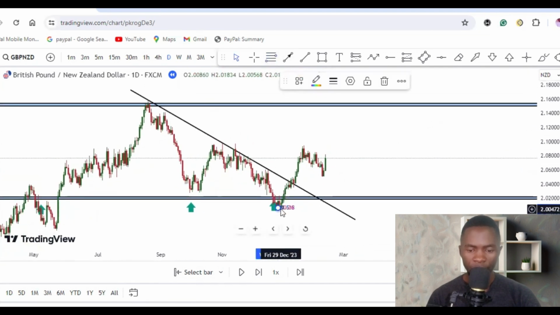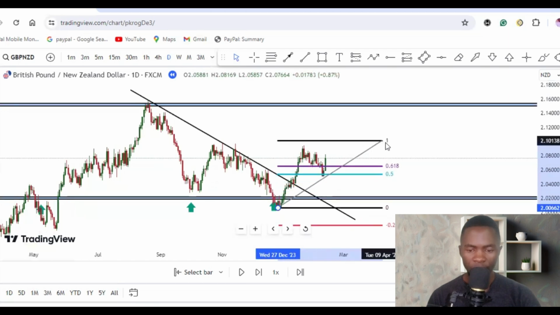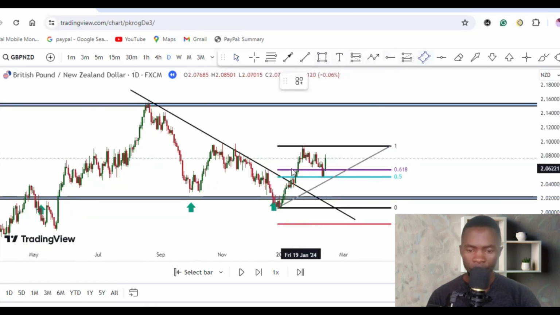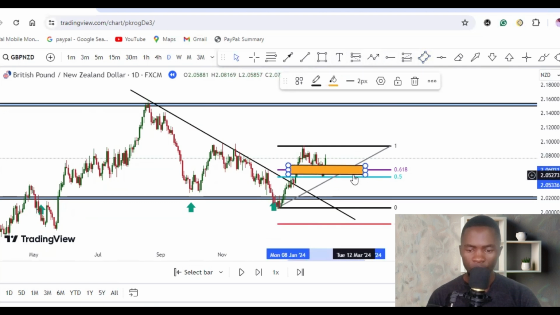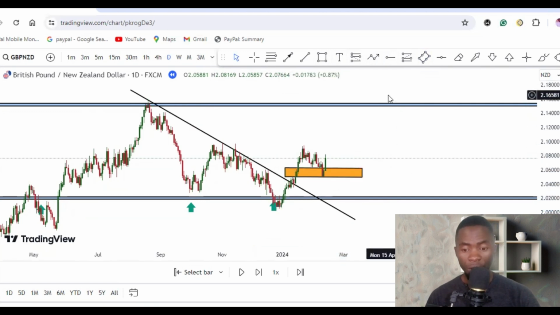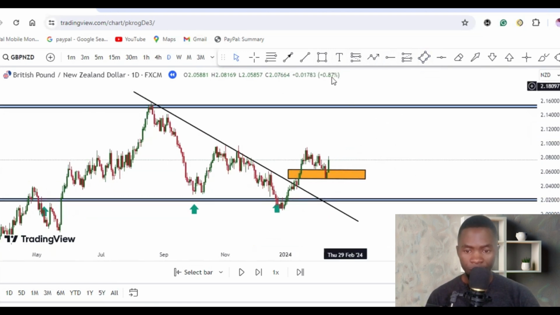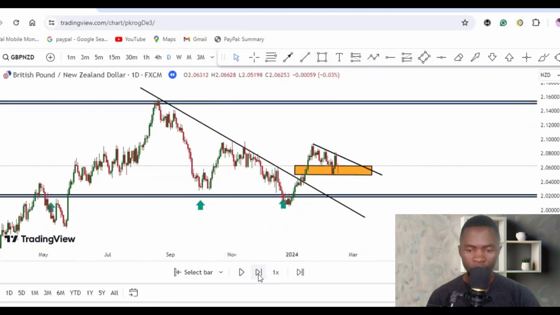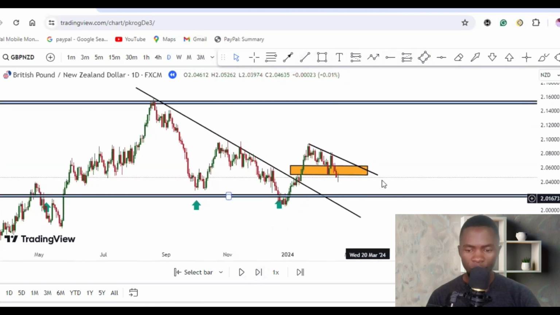So I use my fib tool to measure my yellow zone. And the market is already on my yellow zone. So what I'm waiting for next is the market to break that yellow zone.